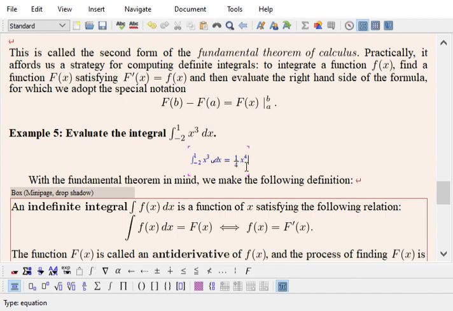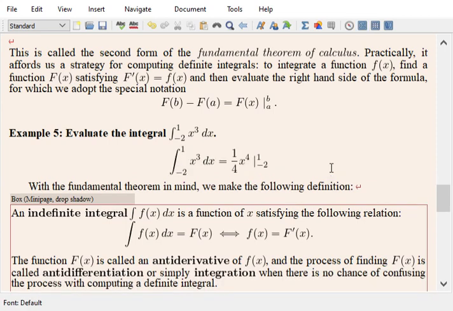If you differentiate this, you bring down the 4, so 4 over 4 becomes 1, and you subtract 1 from the exponent so that you get x cubed. So that's all there is to it. And then we just have to evaluate that between 1 and negative 2. Let me make a line break here so that it's easier to look at.